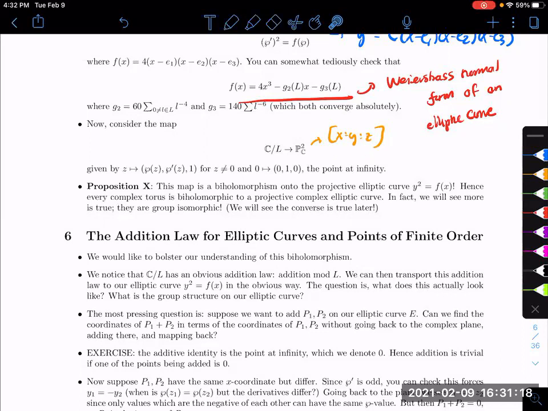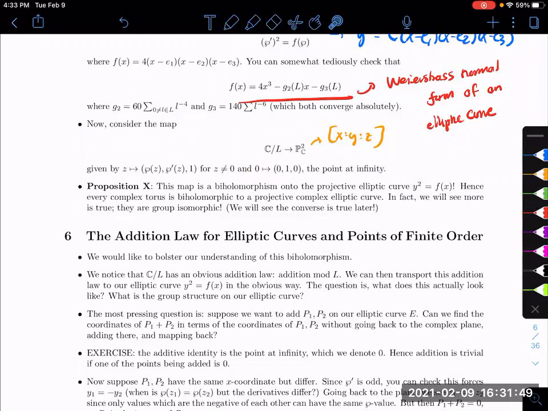We're going to take a complex number, or a coset of a complex number rather, and we're going to send it to the following triple: phi of z, phi prime of z, 1. And that's going to be what the map is if z is not 0. If z is 0, we're going to send 0 to the point at infinity, which we discussed last time, which is the point (0, 1, 0).